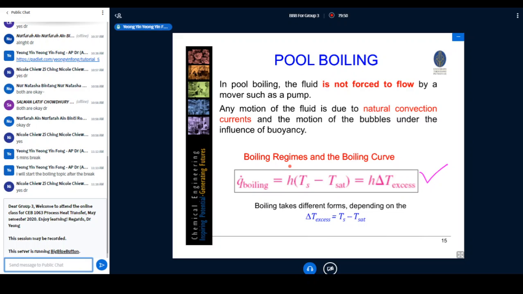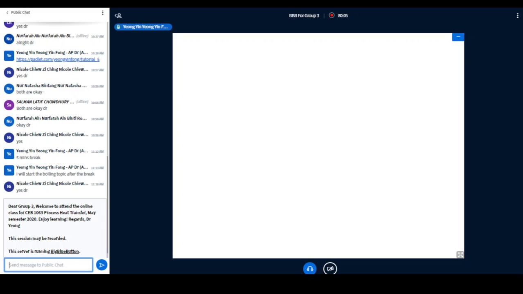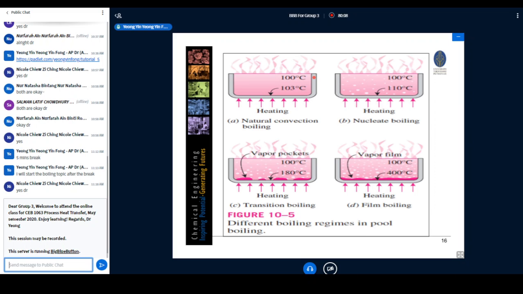Okay, so in the boiling curve or under pool boiling, we have four regions. So you can see boiling regions in pool boiling. Started with natural convection boiling. You can keep on checking the delta T excess because it will categorize the pool boiling region.